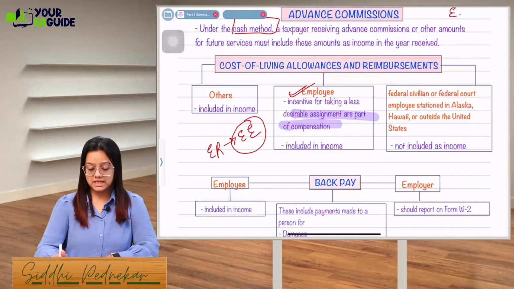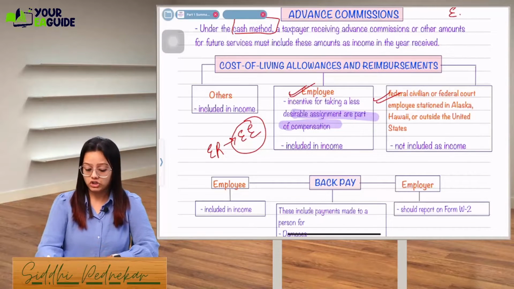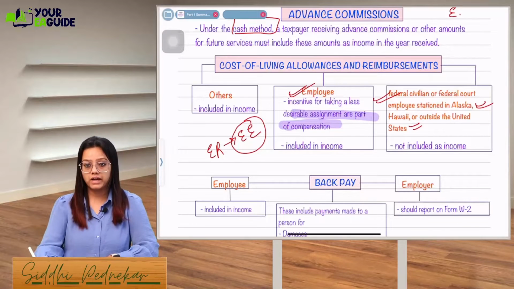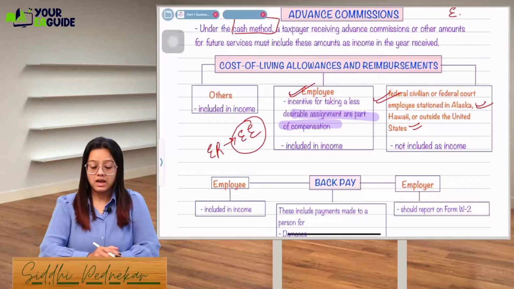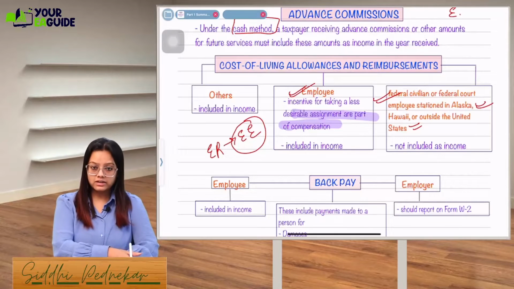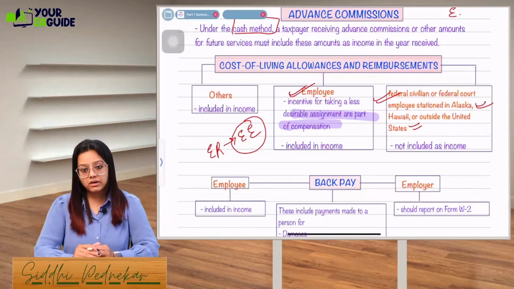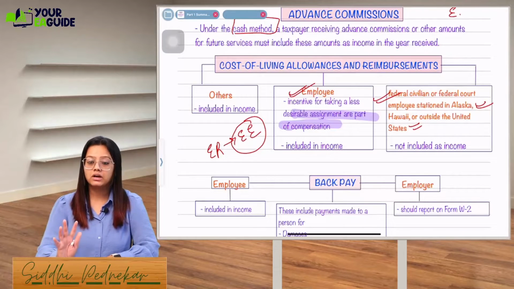Okay, but there is one exception. If you are a federal civilian or a federal court employee stationed in Alaska, Hawaii, or outside the United States, and while working there the reimbursement and living allowance are provided to you by the employer, then only it is allowed as an exception, and it will not be included in income.